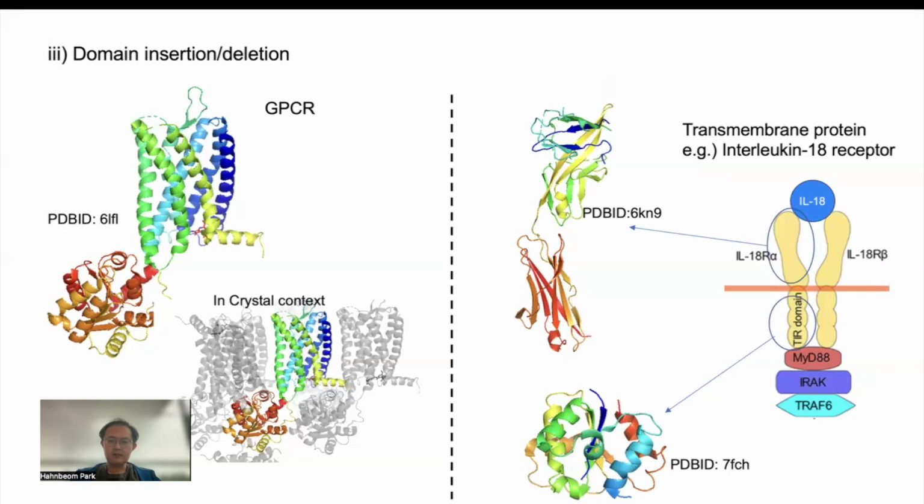So what people usually did was split the chain so that one part becomes the extracellular domain and the other part becomes the intracellular domain, and then determine the structures separately by growing crystals separately. They are then deposited under different PDB IDs, but essentially they belong to the same chain. So if you are going to interpret this protein, you have to somehow build a full-chain connected structure by making some linkers between them.